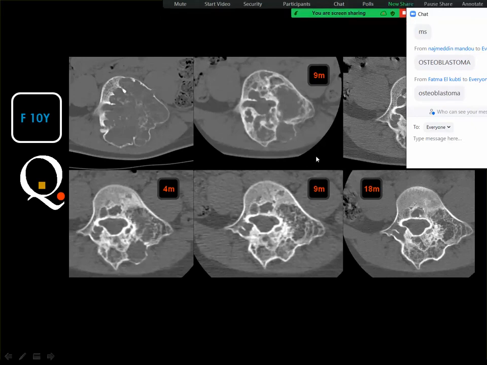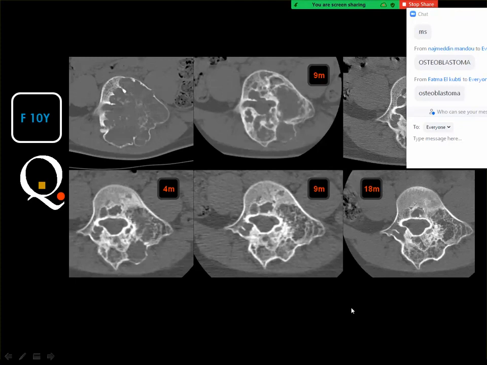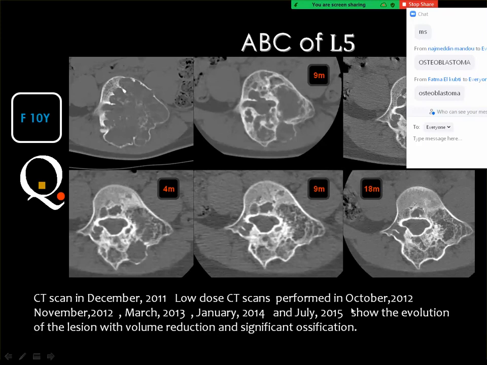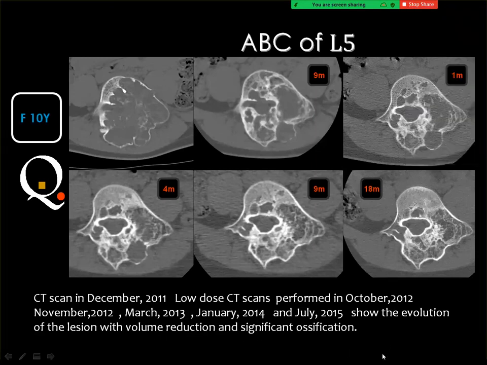Osteoblastoma is an expanding lesion, yes, and it contains some matrix calcification, and this is an aneurysmal bone cyst, and I may remember the name of the drug, but I know that there is a new medication for treatment of aneurysmal bone cyst without embolization, and as you can see, it gives good results.